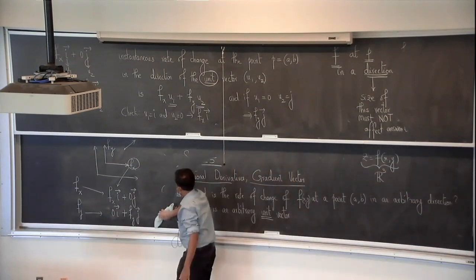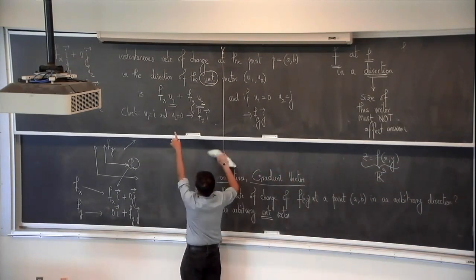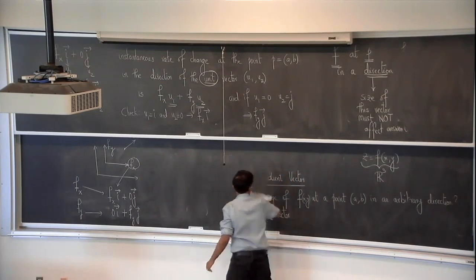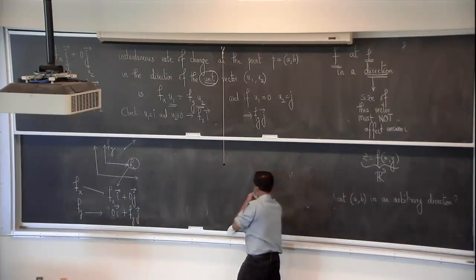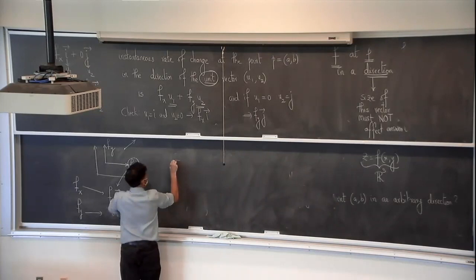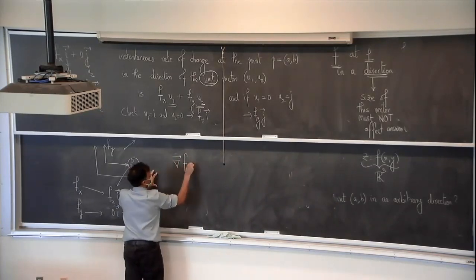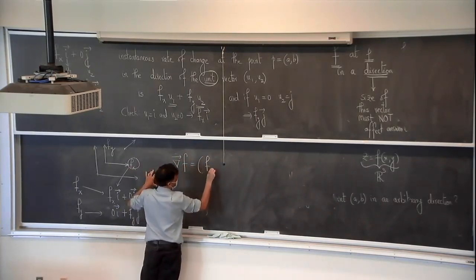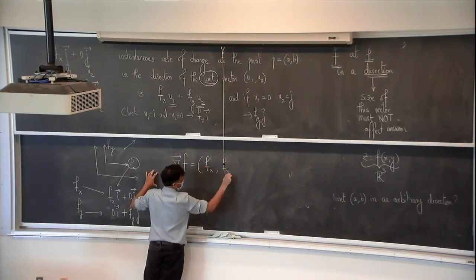And if you observe closely what I just wrote there, you can see that it's nothing but the dot product of two vectors. So you know that the gradient of f is a vector whose components are partial fx and partial fy.